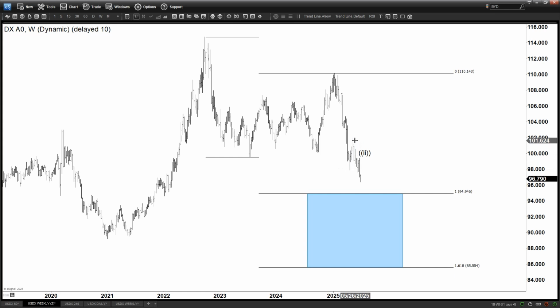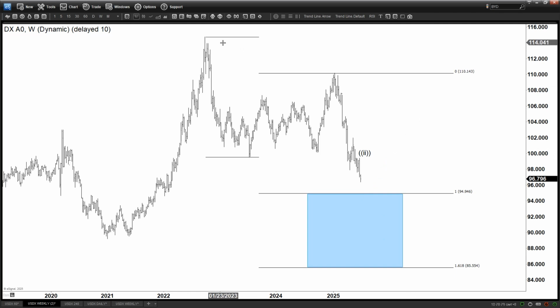That's about 300 pips, but from the weekly perspective, that's really not a massive rally at all. A significant rally on the weekly scale would be something like this, or even something like this. But if you only get something like this and then go down again, that's not considered a big rally from the weekly perspective.